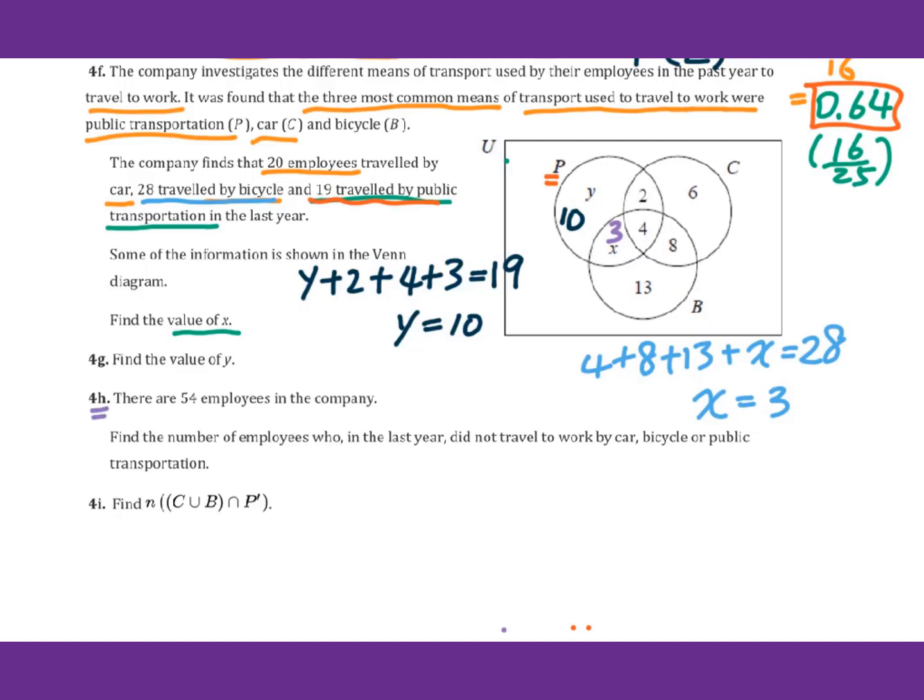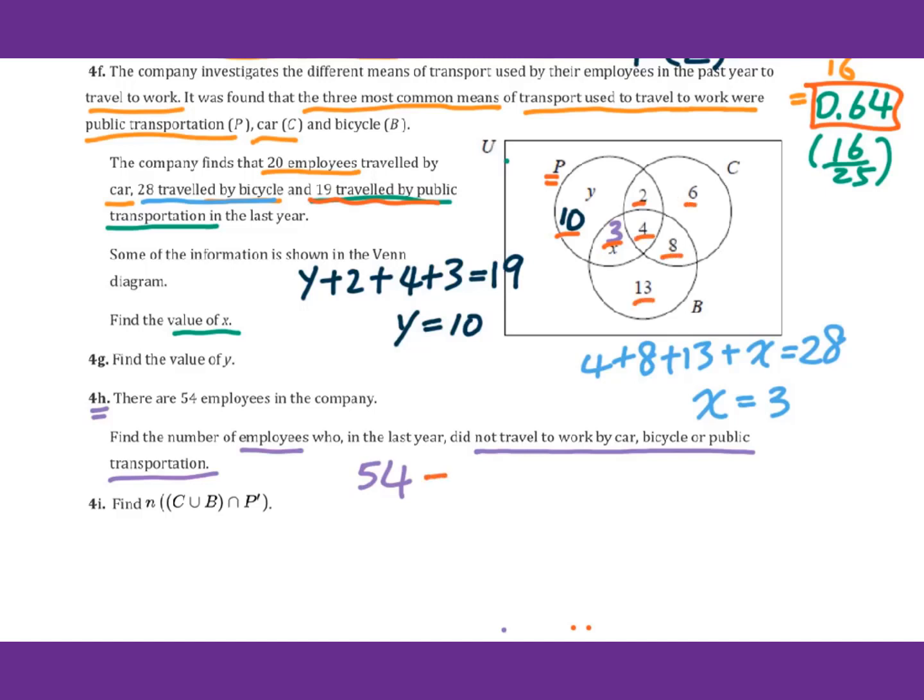Look at the 4H. There are 54 employees in the company. Find the number of employees who in the last year didn't travel to work by car, bicycle, or public transportation. We got to use 54. You subtract all these numbers.